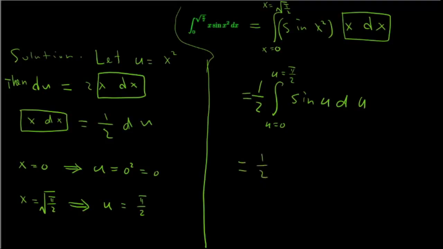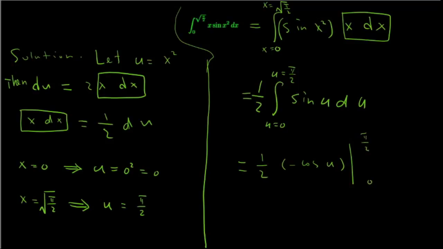So you have 1/2 in here. Get the antiderivative of the integrand, which is negative cos of u, I believe, right? I should have used square brackets, but it doesn't matter. And then you put in the upper limit of half pi in here. And then put the lower limit of 0 in here.